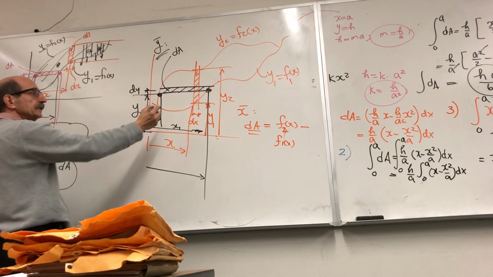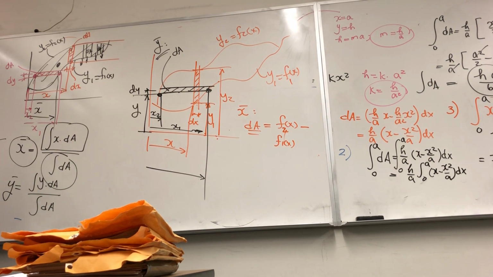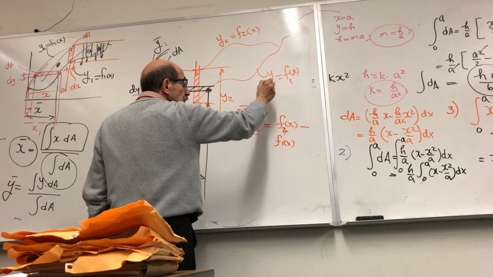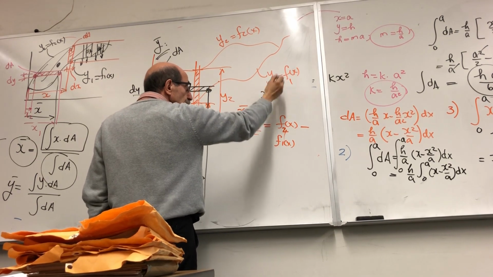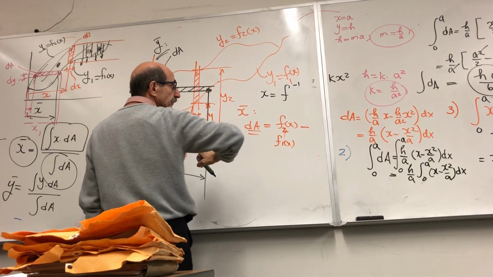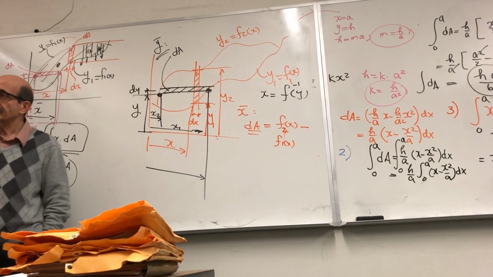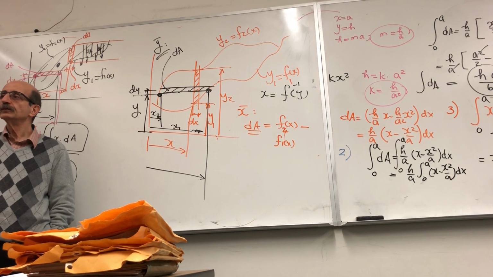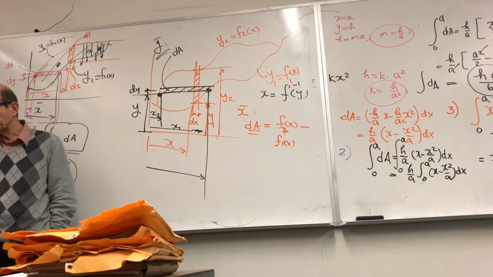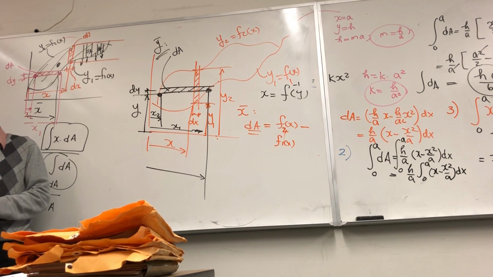So you need to find x as a function of that variable y, which would be the inverse function of y. And it's the difference of the two times dy. But most of the problems you end up with are parabolic or linear.